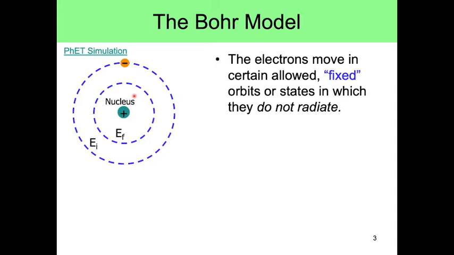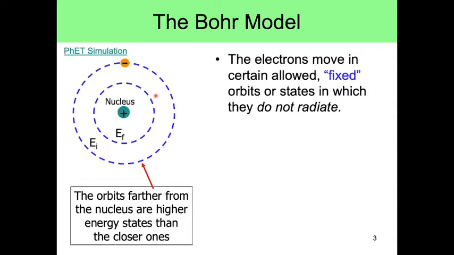So the radiation occurs only when an electron orbiting in a certain orbit transitions down to a lower energy level. Each orbit has a different energy level. EF stands for the final energy state.